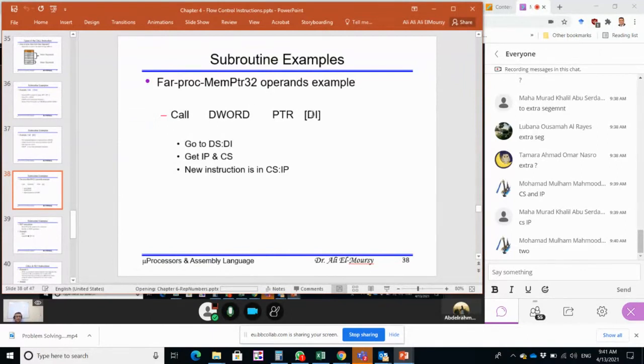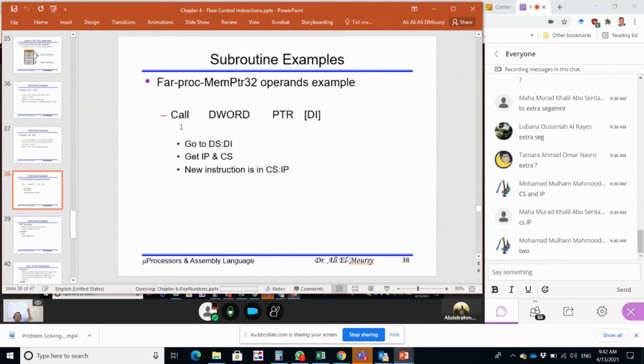Then this call will go and retrieve from the data segment at the location DS:DI two values, 4 bytes, 2 bytes for the IP, 2 bytes for the CS, and populate the CS and IP with those new values. So I can simulate or perform a far jump through this instruction. Agree?